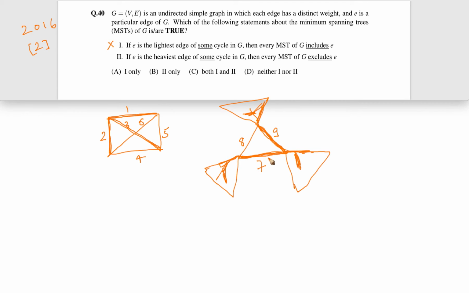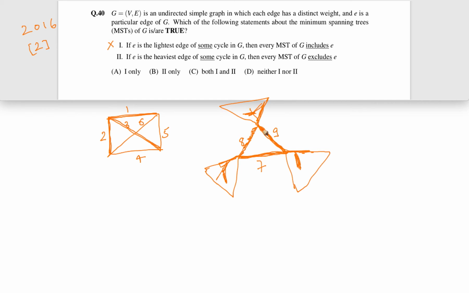Now what we are going to do is that we know that in an MST, if we add one more edge, then it will form a loop. So let's add a particular edge. Now we are going to add this edge to our MST. Addition of this new edge will form a loop.